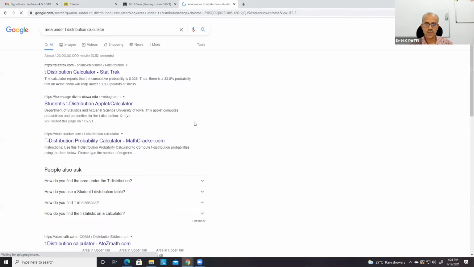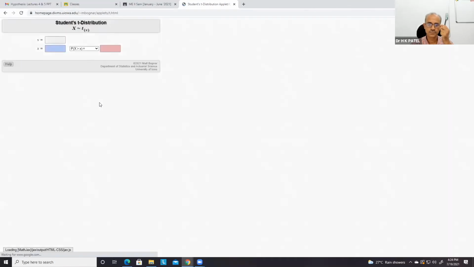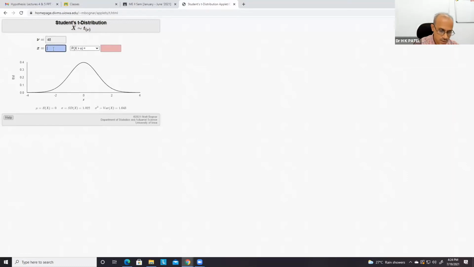The area under T distribution: you can see this nu is there, you can put 48 here. X is 3.169.